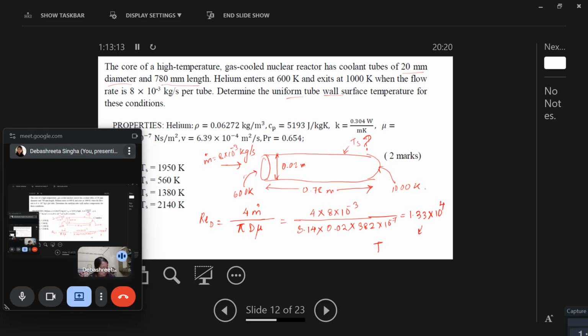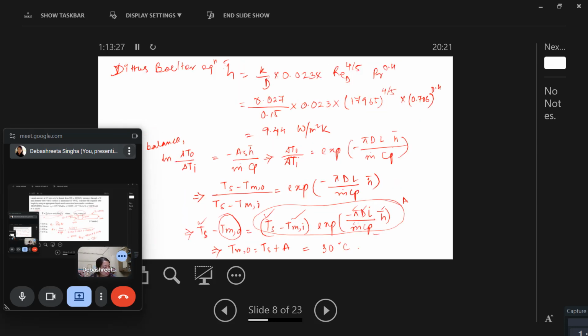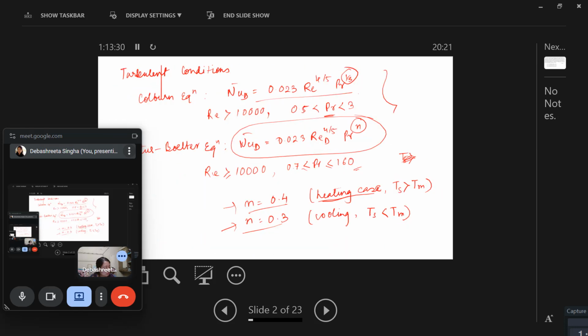So this is turbulent. So either we need to use the Dittus-Boelter or Colburn. But here they have given the Prandtl number as 0.654. Usually for such a Prandtl number, we have to use the Colburn, since it is less than 0.7.